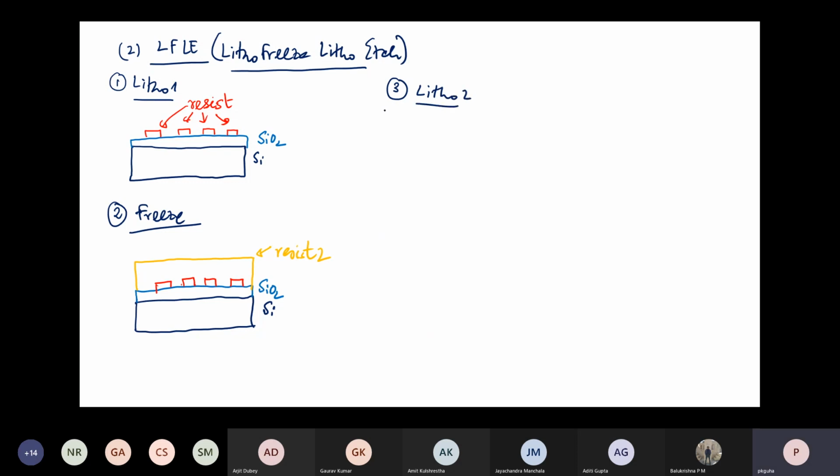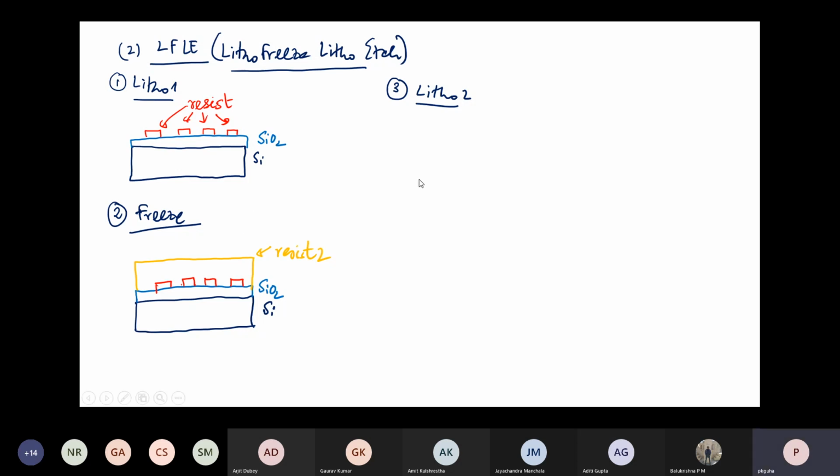So litho 2 step, or second lithography step. This will give a pattern on resist 2, but the resist 1 pattern will remain intact because of freezing. So we have frozen this pattern, and we will write a new pattern on resist 2.